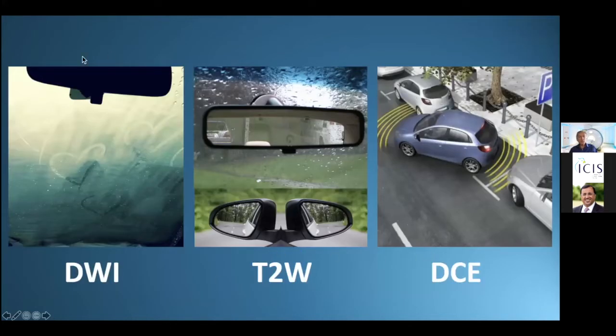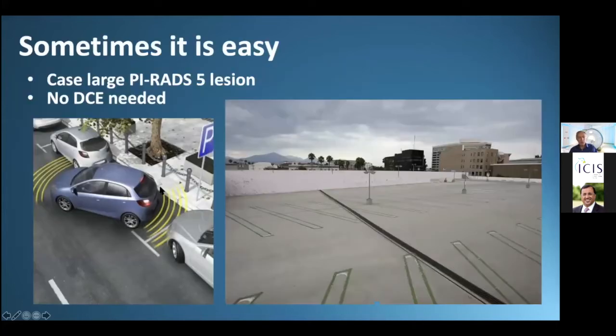This is diffusion weighted imaging, velocity of water molecules. This is T2. Here you can see the structure, anatomy. And this is DCE. DCE helps you to guide your car into this parking lot. Now, sometimes it's easy. This is the case in a large PIRADS 5 lesion.